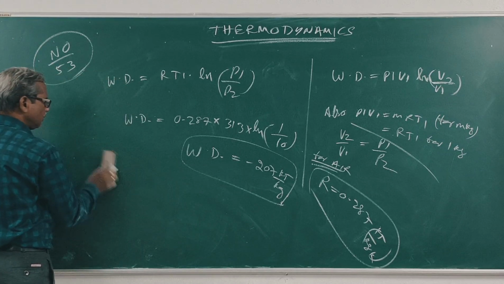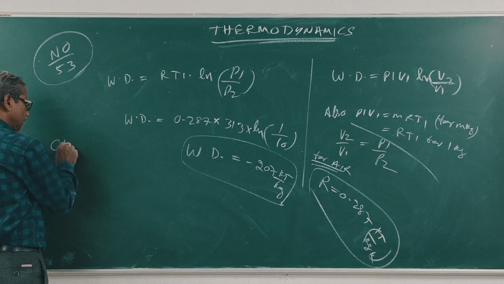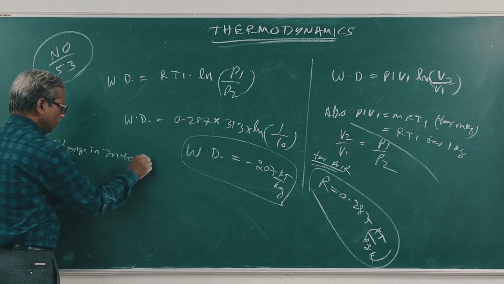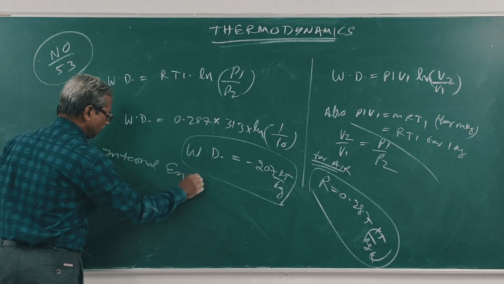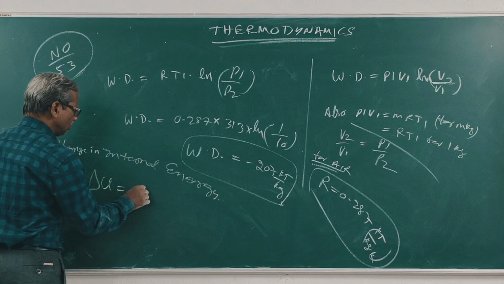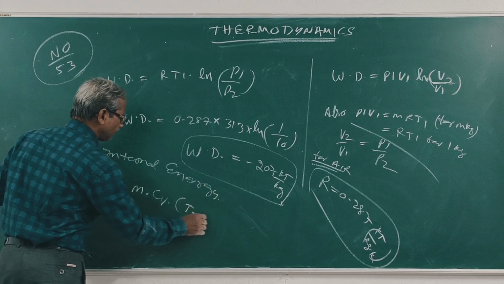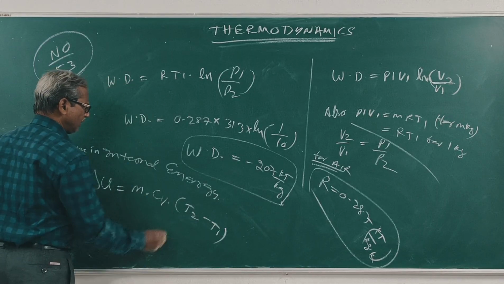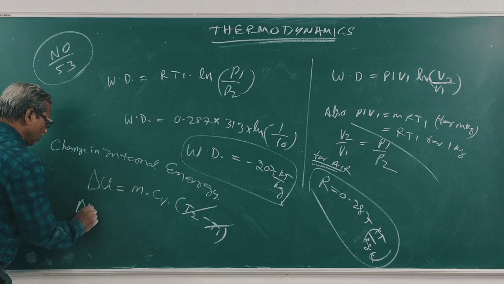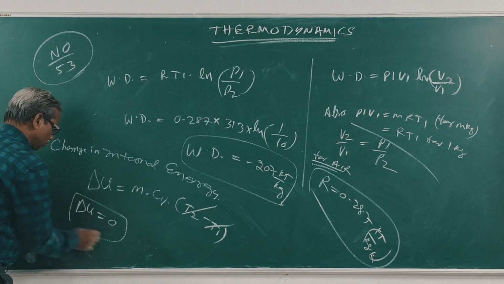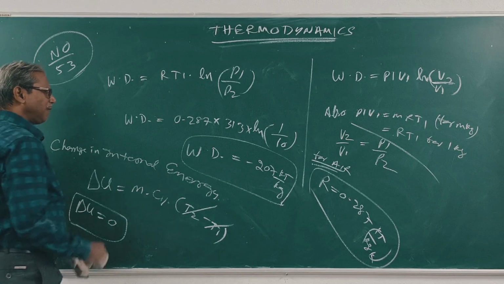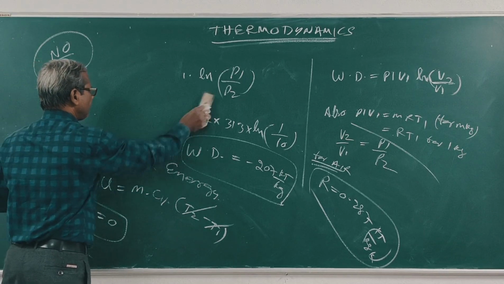Now change in internal energy. Del U is equal to m Cv (T2 minus T1). Here T1 equals T2, so del U is equal to 0. Clear? Similarly, heat transfer.